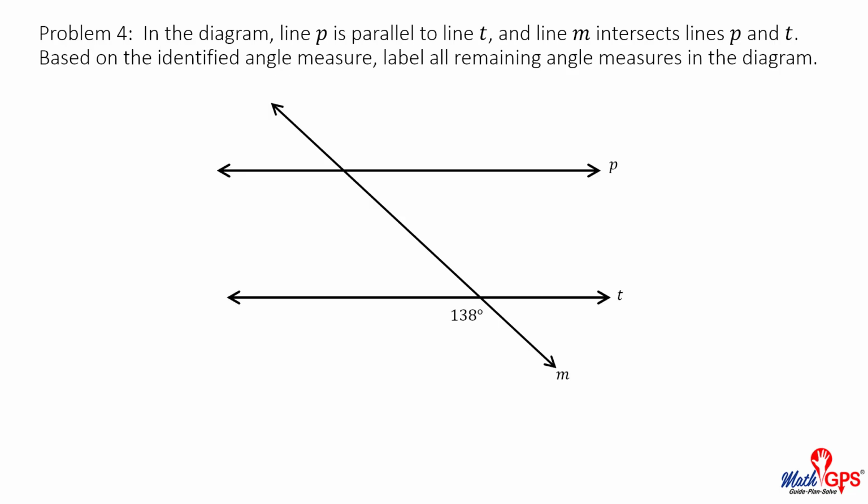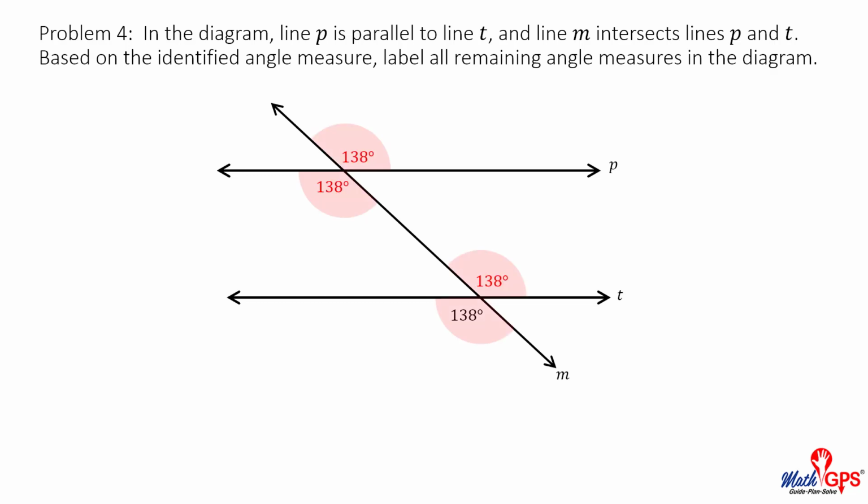Problem 4. In the diagram, line P is parallel to line T, and line M intersects lines P and T. Based on the identified angle measure, label all remaining angle measures in the diagram. It's probably easiest to begin with the congruent angles.